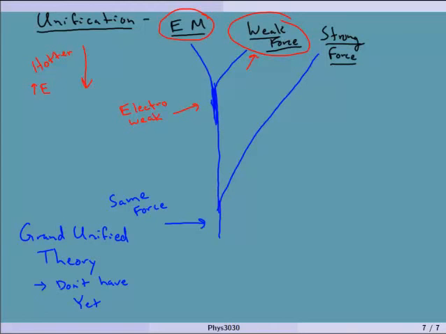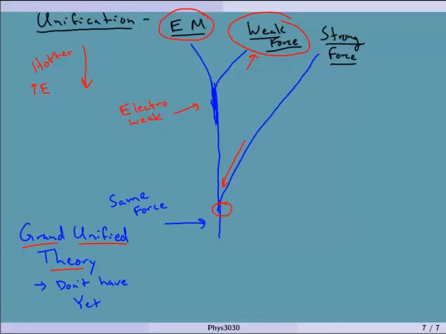They can move super close to the speed of light, and they look like the same force. E&M and the weak force look like the same force. Everyone assumes that the strong force will come in here and interact, and we understand all of these particles pretty well.